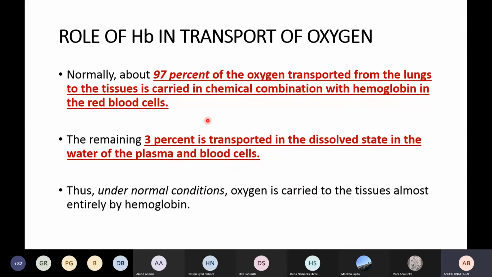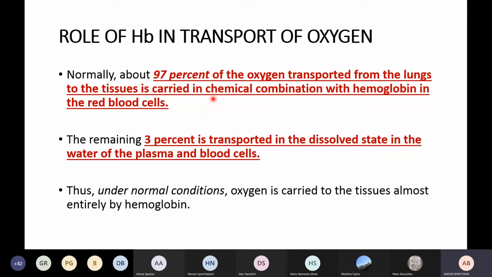Now the most important part: what is the role of hemoglobin in transport of oxygen? Oxygen mainly is transported by binding to hemoglobin. Very little amount is transported in dissolved form. About 97% of oxygen is transported in chemical combination with hemoglobin.